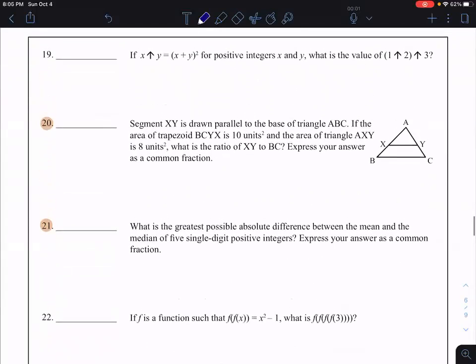Next is question 20. So we know that, okay, we have 2 triangles. First of all, we know that triangle AXY is congruent to triangle ABC.